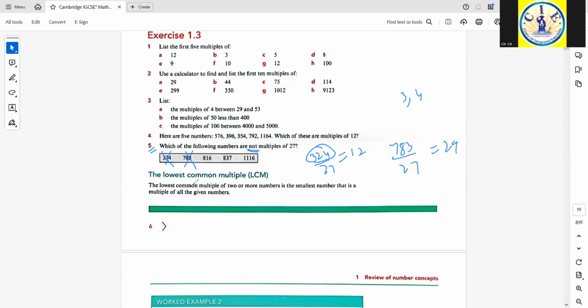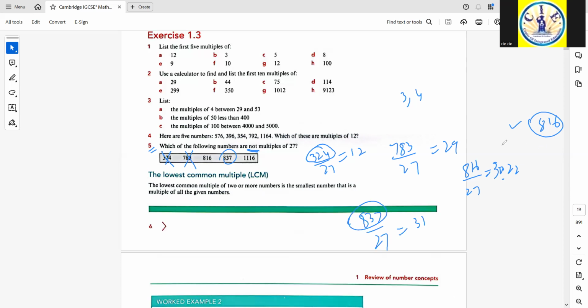Then 816. You get 30.22. So that means 816 is in the required set of numbers. For 837, that divides completely as well. So that means 837 would not be included in this category.